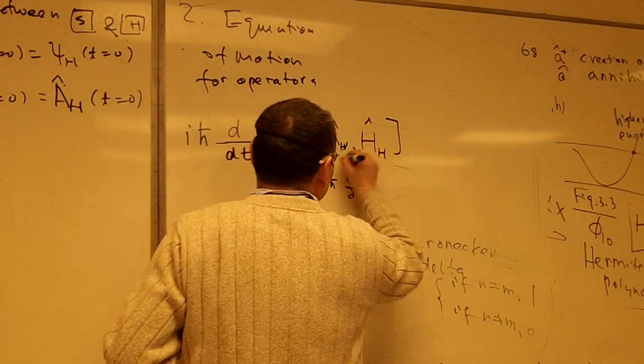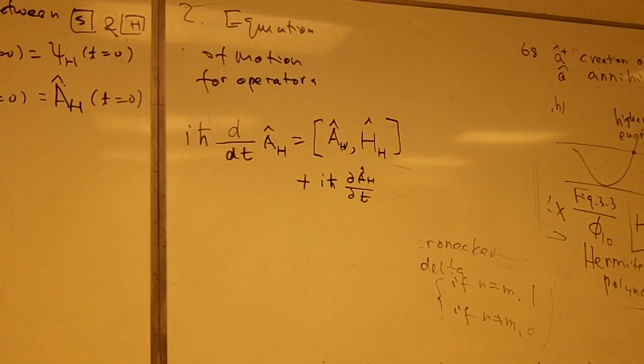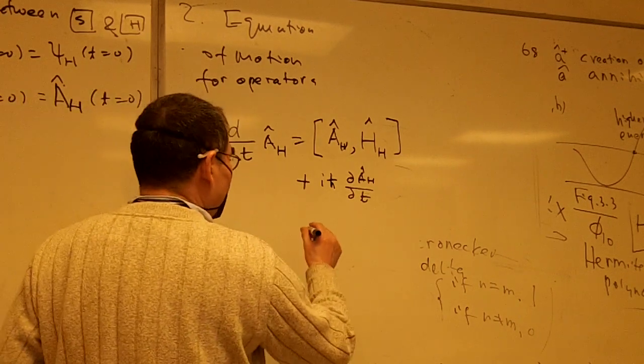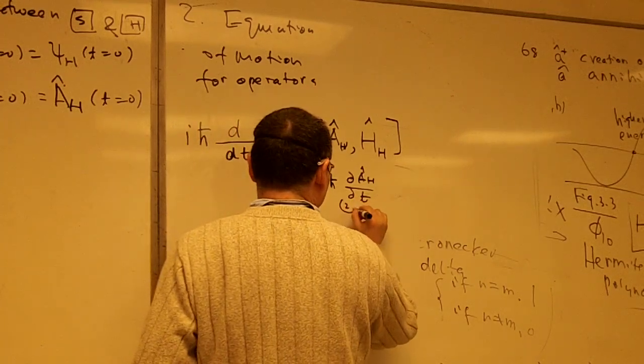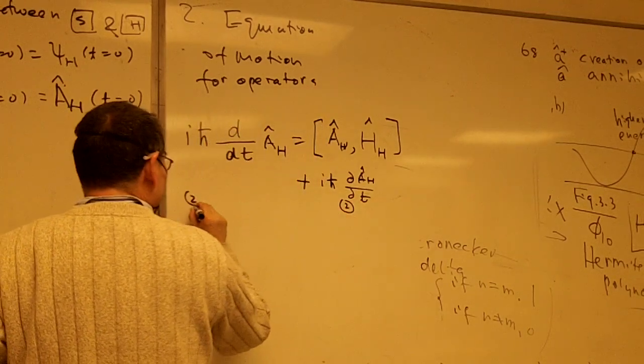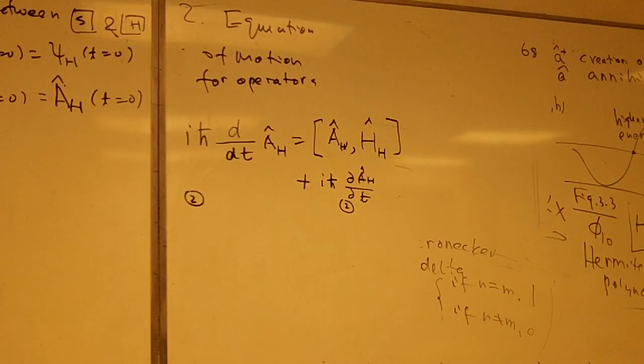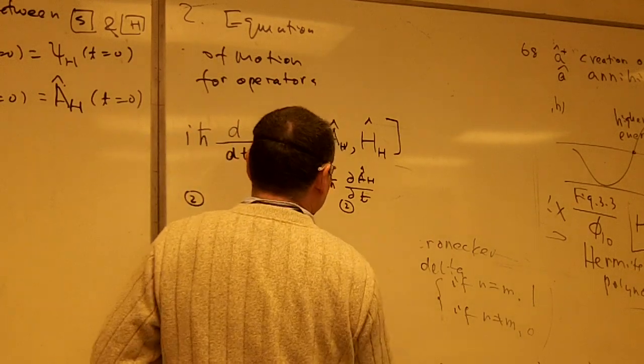Here is a comma, forgive me, so that's the commutator. So that's the equation which we are going to use. And let me first explain this relation. First, this part, I call it term number 2 first.